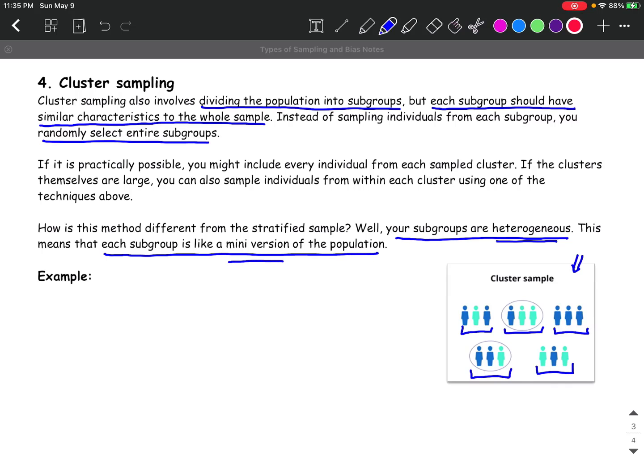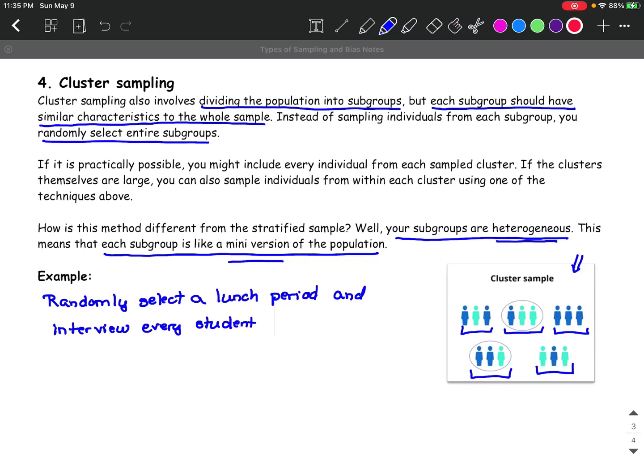So how could we do that in our ice cream survey? One way we could do that would be to randomly select a lunch period and interview every student that has lunch that period. Now that only works if you include the seniors who go out for lunch.